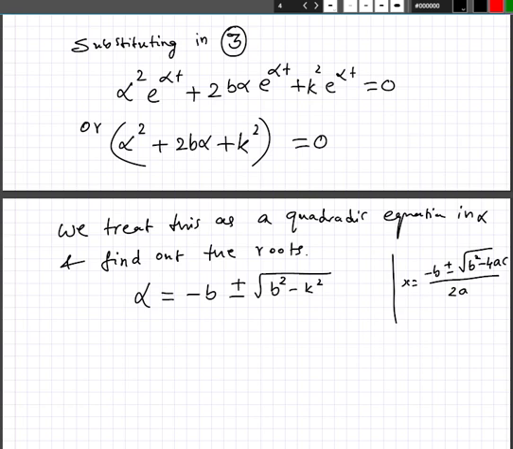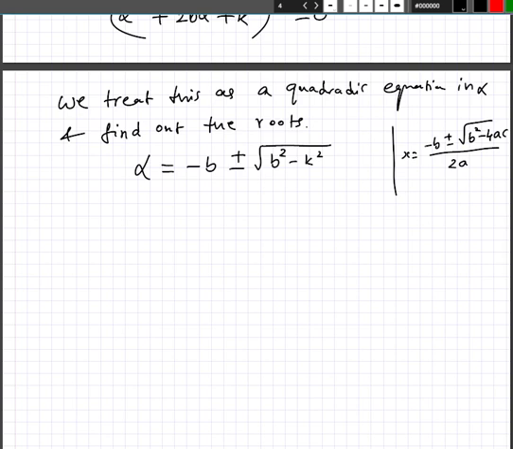So we are not going to do the steps. So this has two solutions.